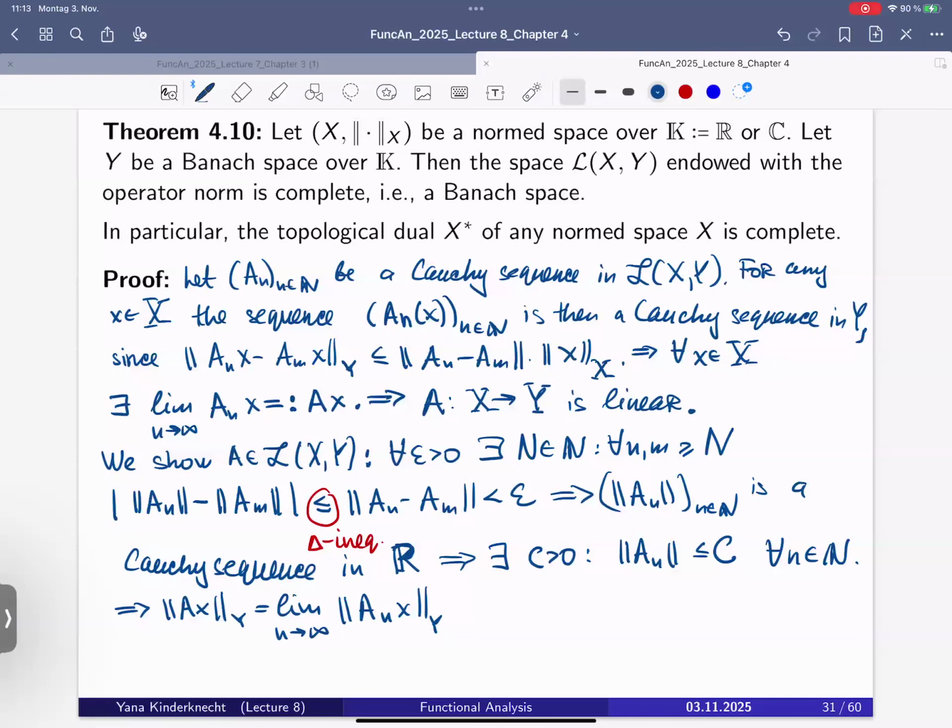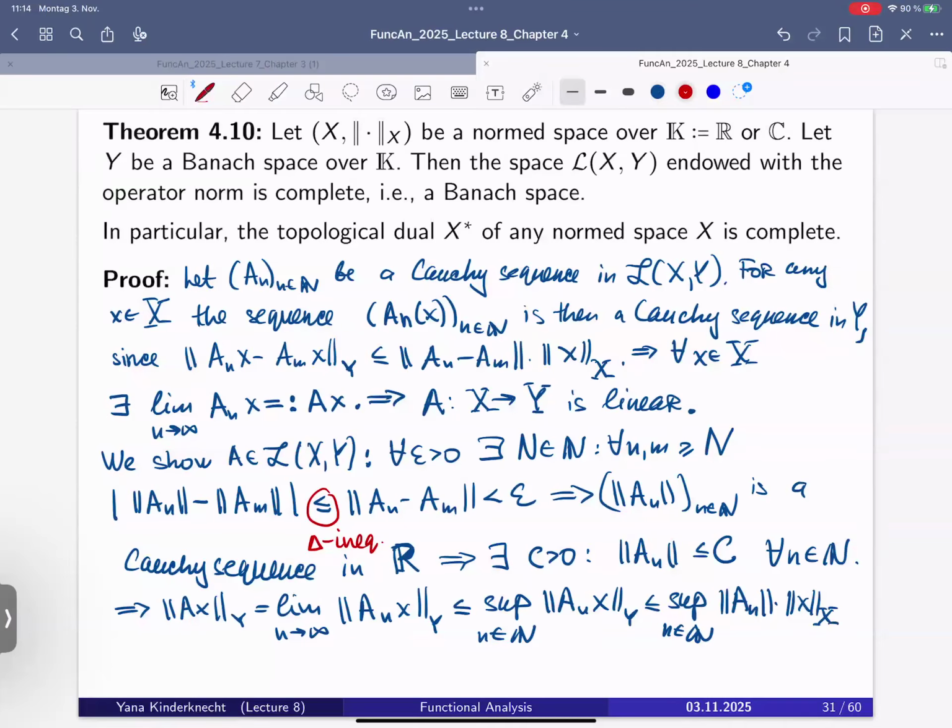But this is smaller or equal than the supremum over all n in N of the operator norm of A_n times the norm of x.